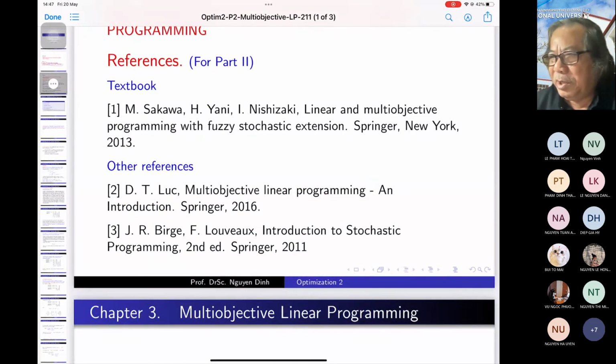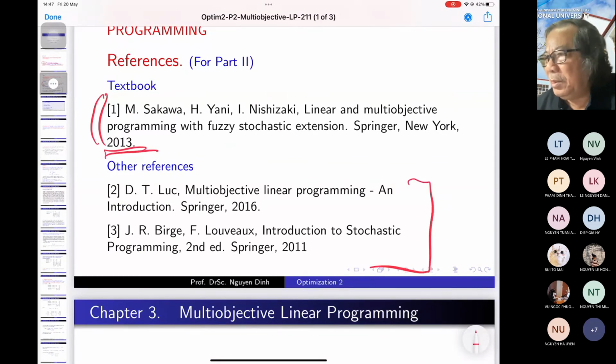The material is mainly on this, and the other reading is this one. The key point, we take the material on this. Here in the other reference you see that is Đinh Thế Lục.